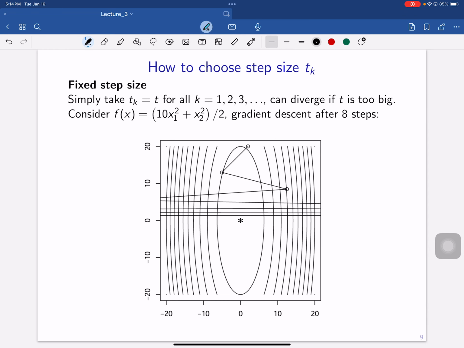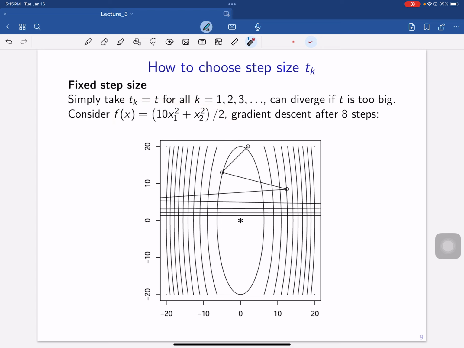Okay. So the next question we need to talk about is how do we really choose the step size t_k, right? This is a very important problem for gradient descent. So a very naive strategy is let's just fix the step size, right? So here I'm showing the result of gradient descent for this very simple quadratic function.